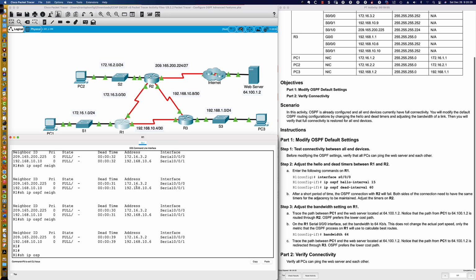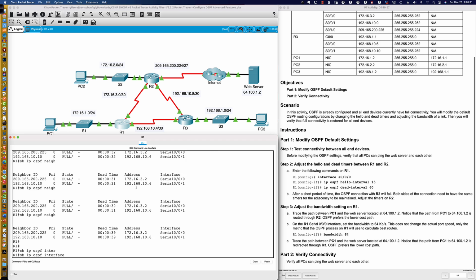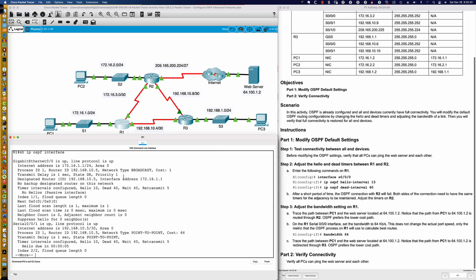However, show ip ospf interface, right? Remember, this command is going to give us a very nice look at all of the interfaces. And take a look here on a broadcast network type, such as Ethernet, which you'll hear me refer to a lot as broadcast multi-access, right? That is Ethernet.